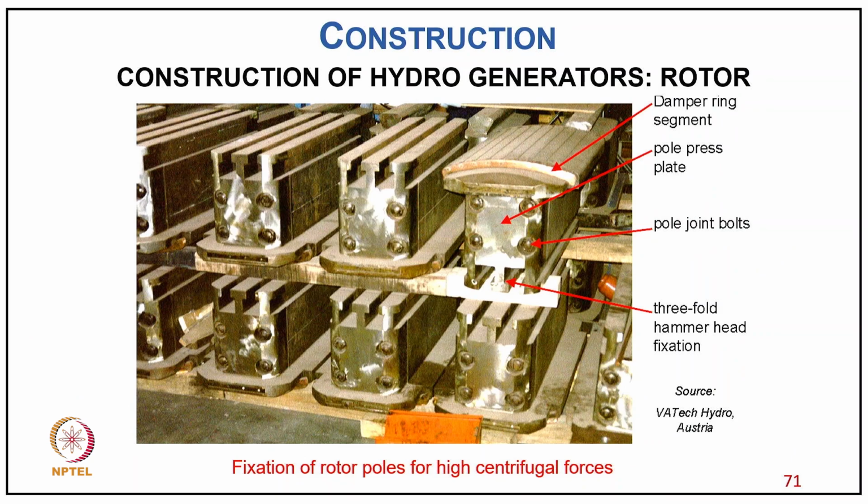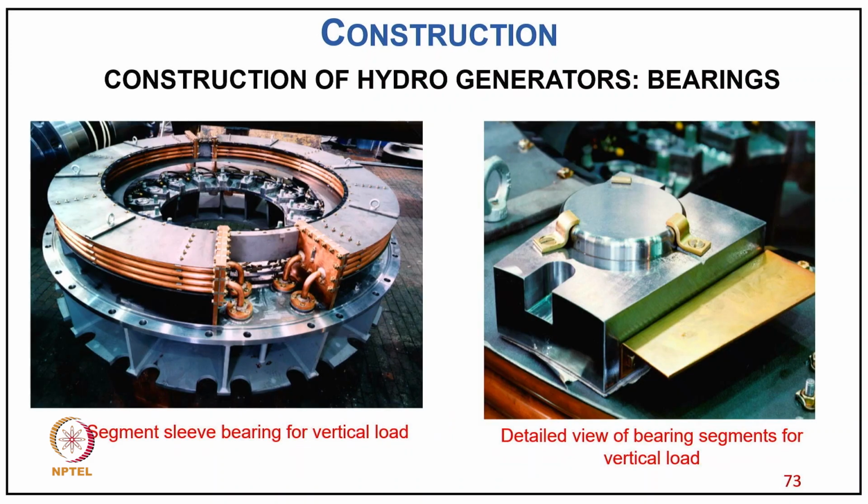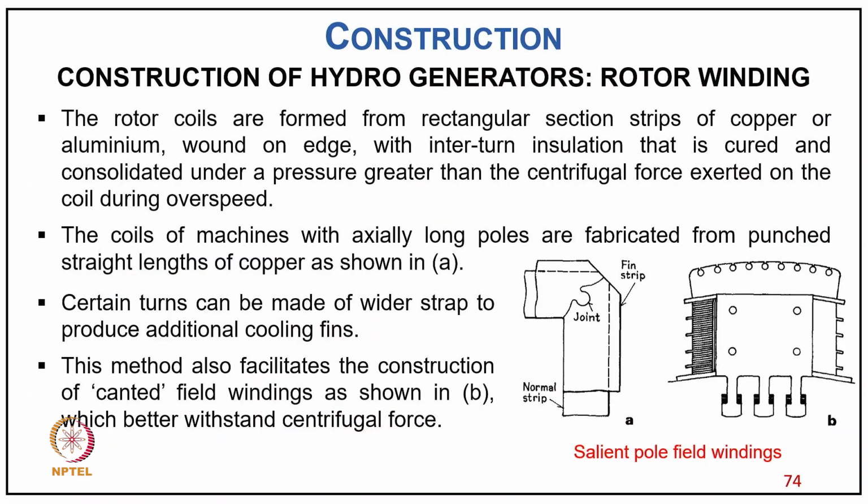Along with that, you can recognize the damper ring segment, pole press plate, pole joint plate, and 3-fold hammer head fixation. Then you can see how a linear guide rail and upper guide rail fastener look, assembly of the rotor pole supporting parts, and then the segment of sleeve bearing for vertical load, and a detailed view of the bearing segment for the vertical load with the bearing.